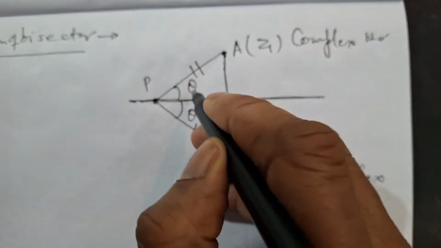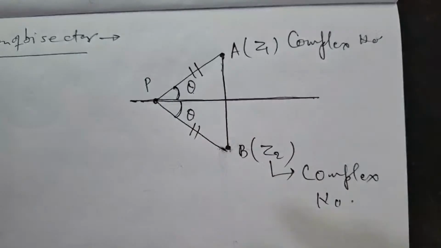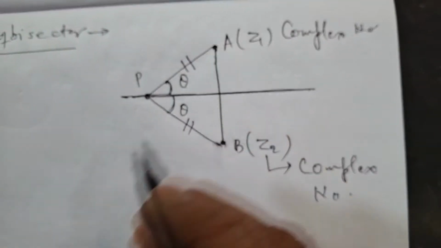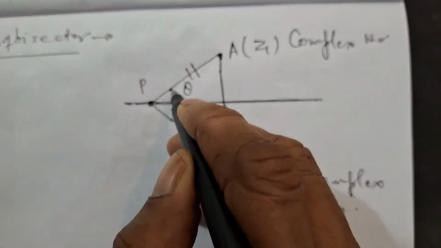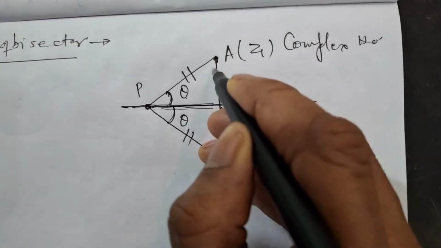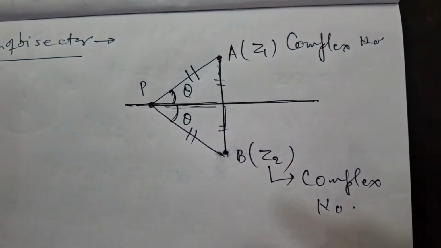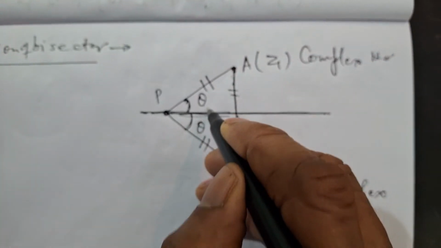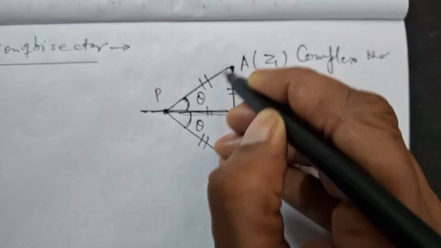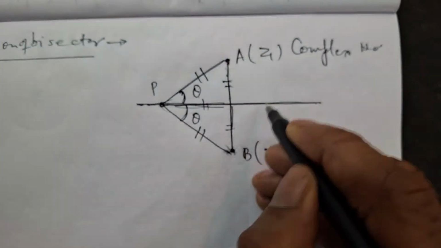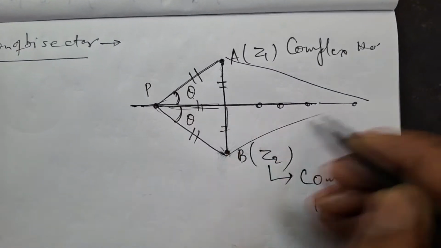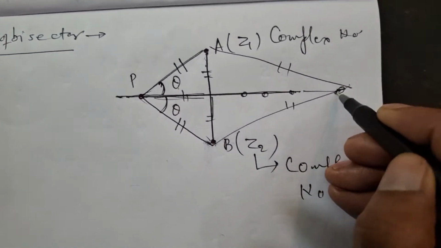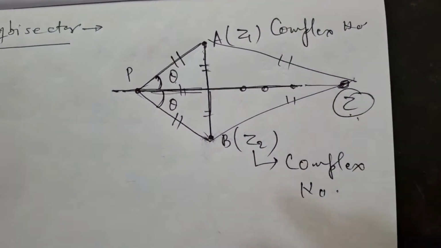Because bisector means this is theta, this is theta, and this side is common. So this height and this height are the same. So tan theta means this length equals this length, meaning AP equals BP. So if you take any point on the line, you will find this distance equal to this distance, and this point is in the form of a complex number.